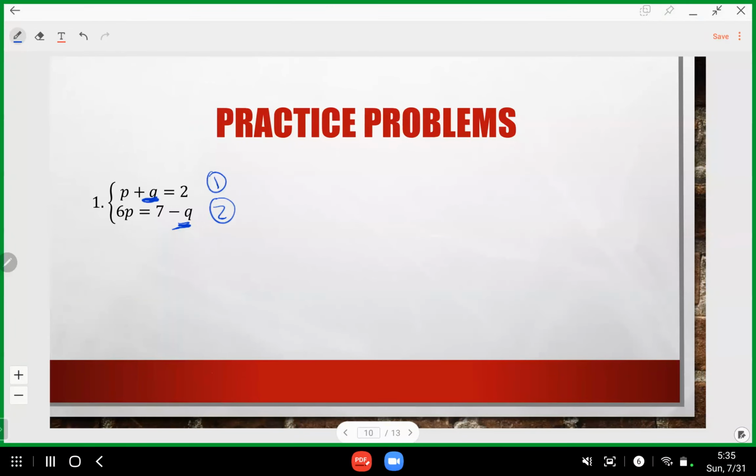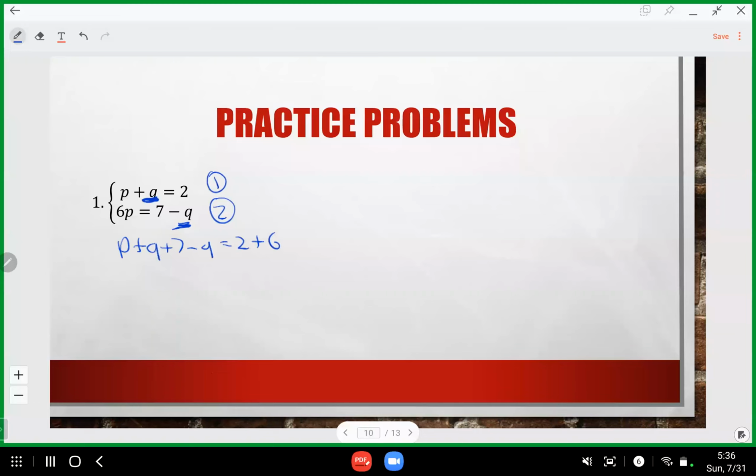So I first just changed the order, changed the second equation to 7 minus q equals 6p. And after that, I combined the equations and got p plus q plus 7 minus q equals 2 minus 6p plus 6p.